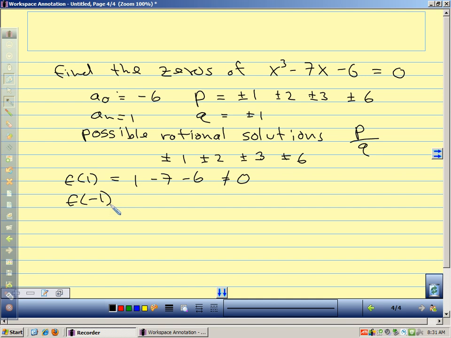F of -1: if I plug in -1, I get -1 plus 7 minus 6, which equals 0. So I know that x equals -1 is a zero.